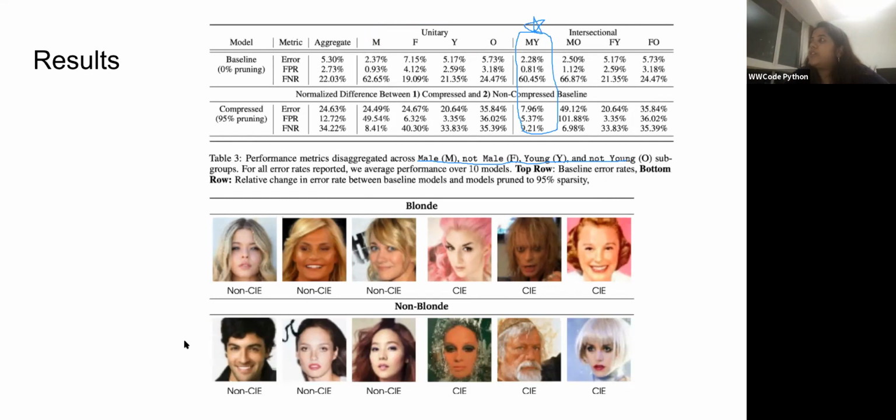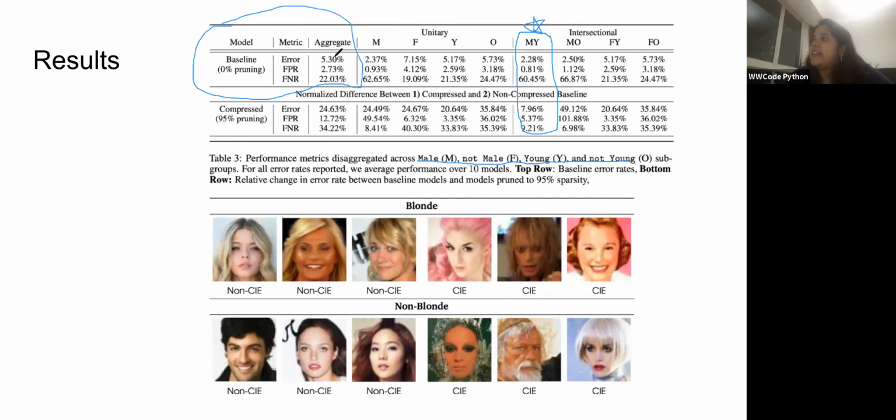Let me now look into how they are doing it. If you look into the error metric, they're using FPR, which is false positive rate, and they're also using FNR, which is false negative rate. Now, let us purely look into the baseline model as such. Don't look into the model below. Let's just look into this part.